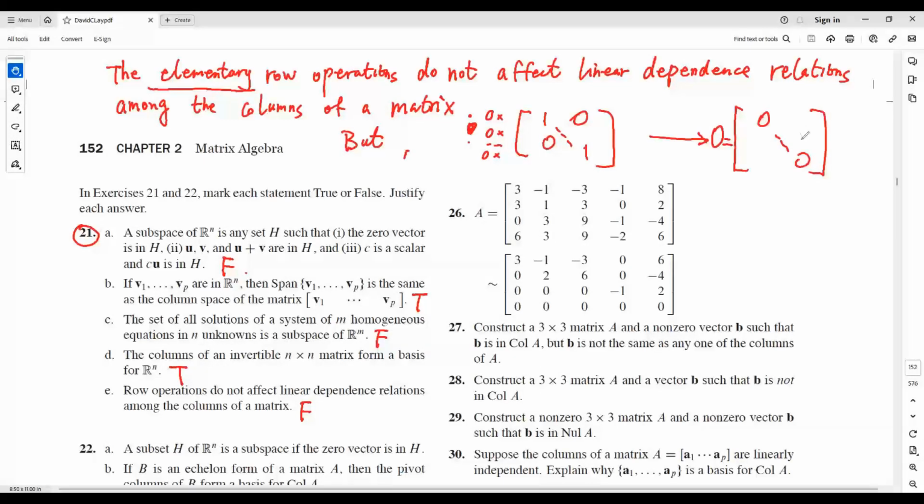All the columns become linearly dependent. So these row operations affect linear dependence relations among the columns of the identity matrix.